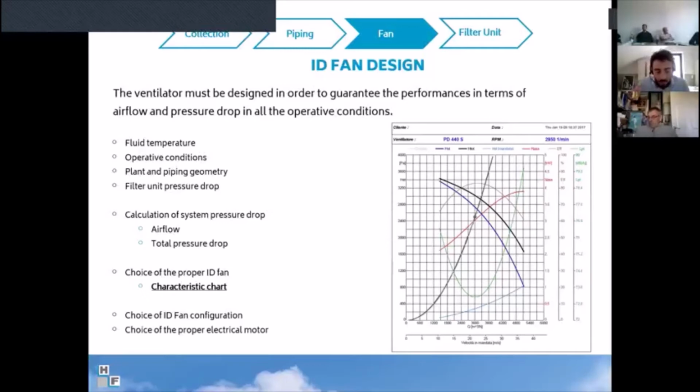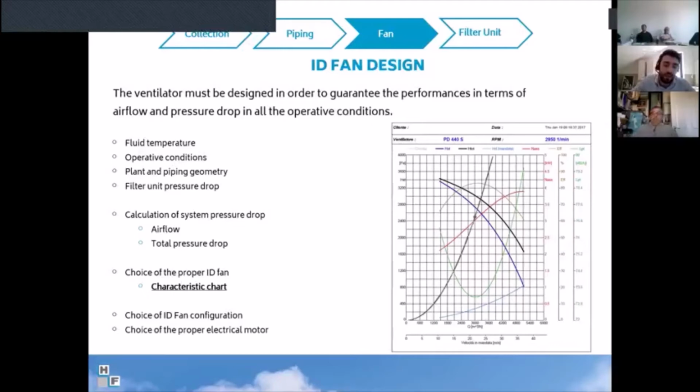With all this information, we calculate the total pressure drop of the system, keeping in mind not only the filter unit, but also the piping, the collection system, the chimney, and so on. With the pressure drop information, we can select the proper ID fan. So we can study the characteristic chart of the ventilator, and we choose the one that guarantees our performance.